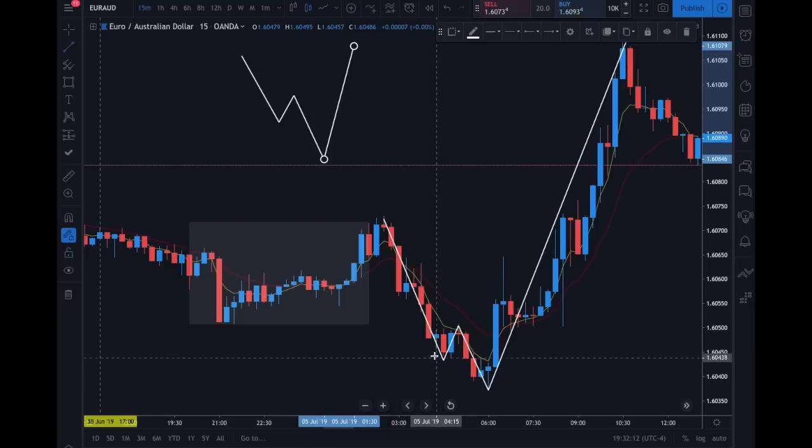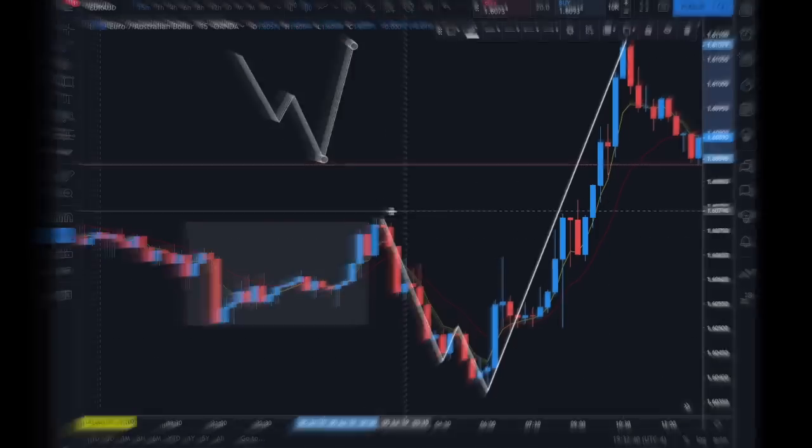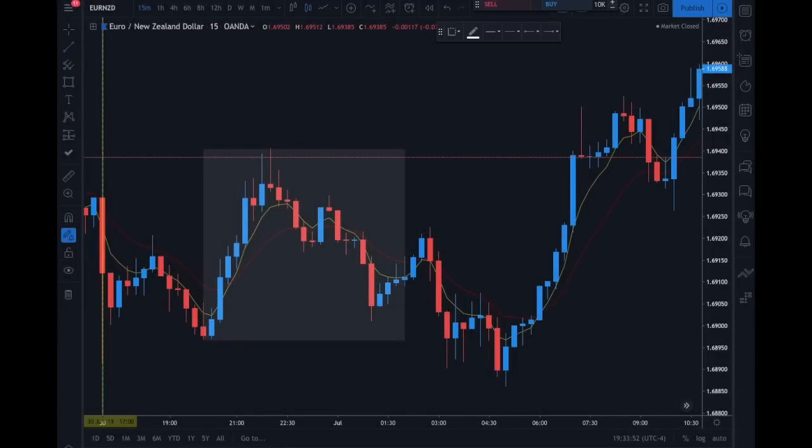Now, when they come back down and retest, they will go back down as far as they need to convince you to go short. But as soon as they have what they need, they're out and they're not coming back. So they come down, go back up, come back down to retest, and then they're done. So here's another example.